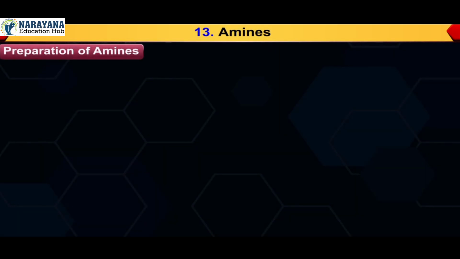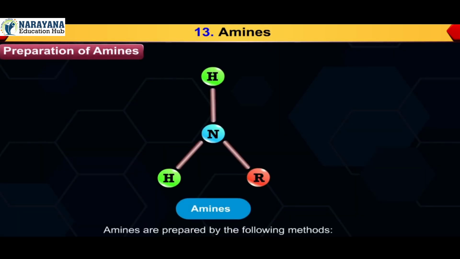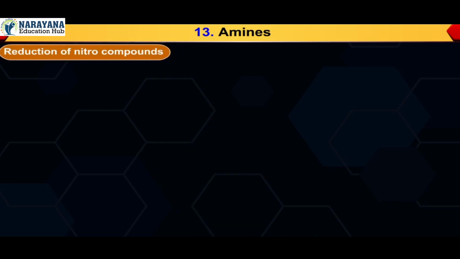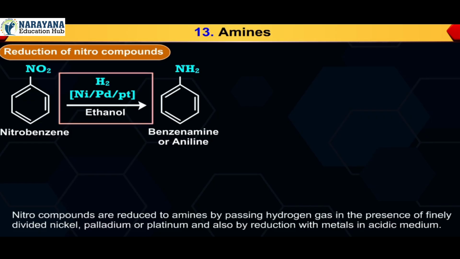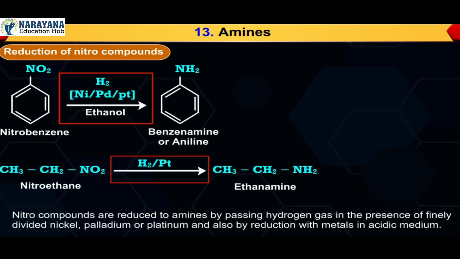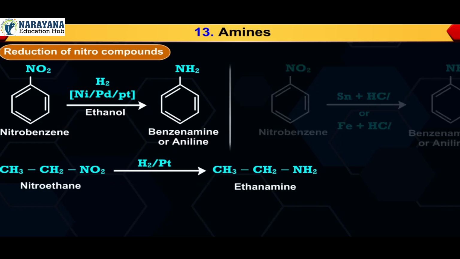Preparation of amines. Amines are prepared by the following methods. Reduction of nitro compounds. Nitro compounds are reduced to amines by passing hydrogen gas in the presence of finely divided nickel, palladium or platinum, and also by reduction with metals in acidic medium.